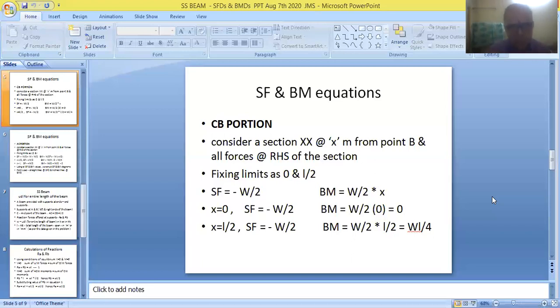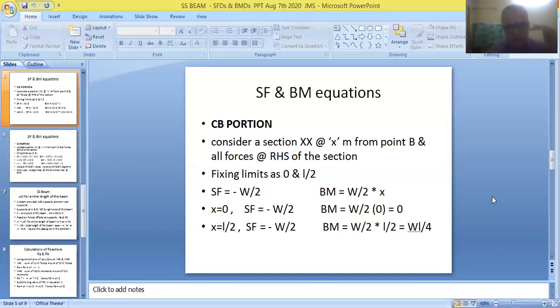Now coming to the bending moment, you have to multiply this force with the total distance, that is the distance between the section and right end of the beam. So that is given as a small x. So your force into perpendicular distance. So this is the magnitude of force and this is the value of the perpendicular distance. So we are multiplying these two terms.